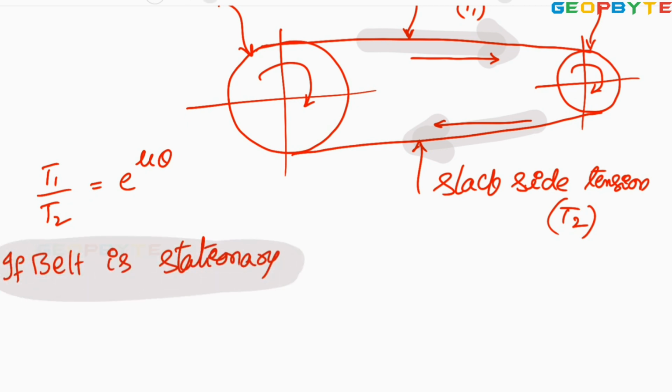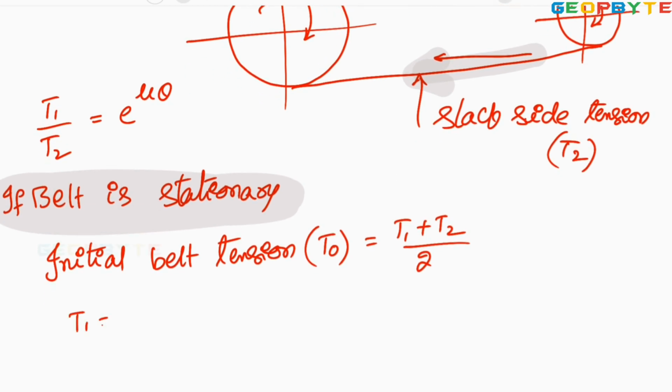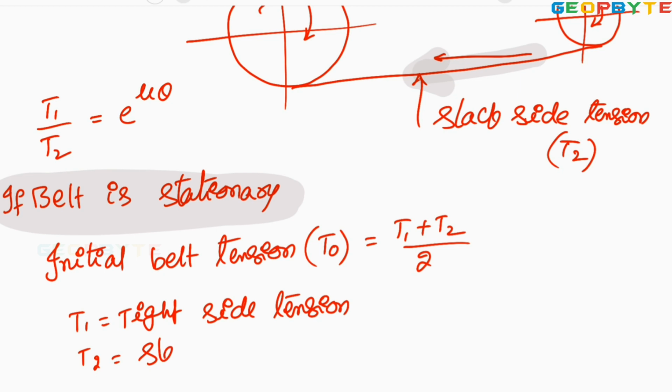The initial belt tension may be denoted by T naught is equal to T1 plus T2 by 2, where T1 equal to tight side tension and T2 equal to slack side tension.